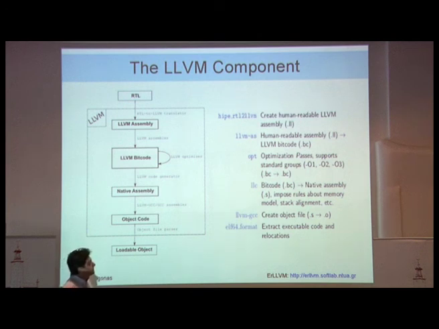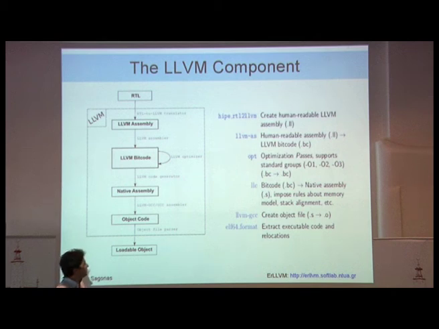Then this bitcode, after it has been optimized various times with various passes if you want, gets translated into native assembly. And then we impose rules about the memory model, the stack alignment, and all these things. We create an object file by invoking LLVM GCC.